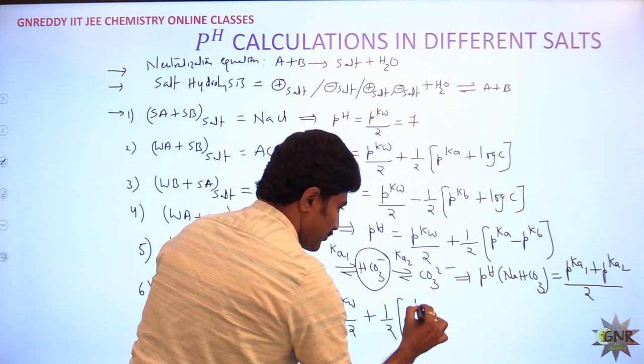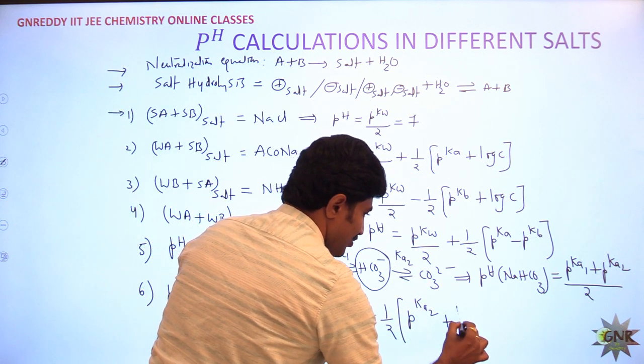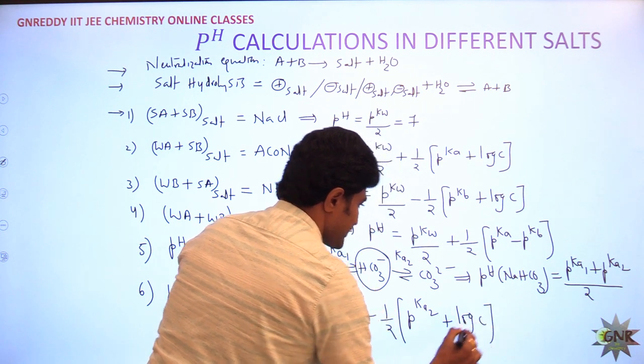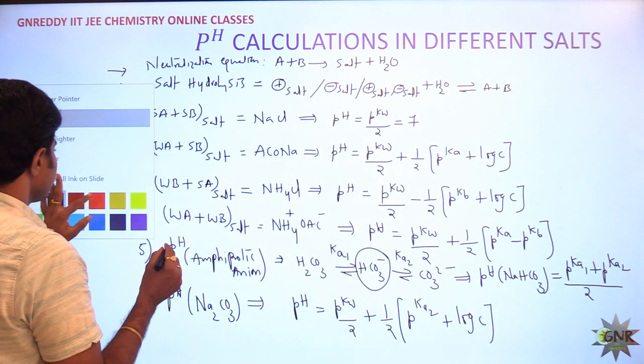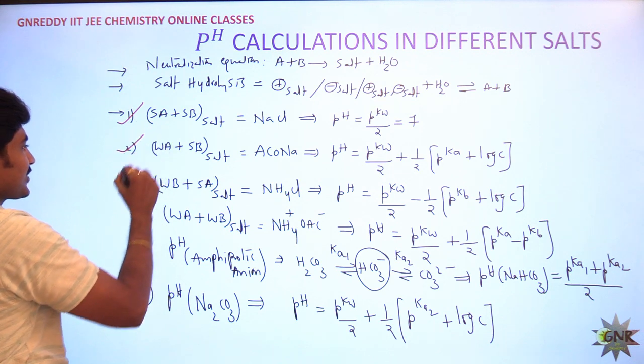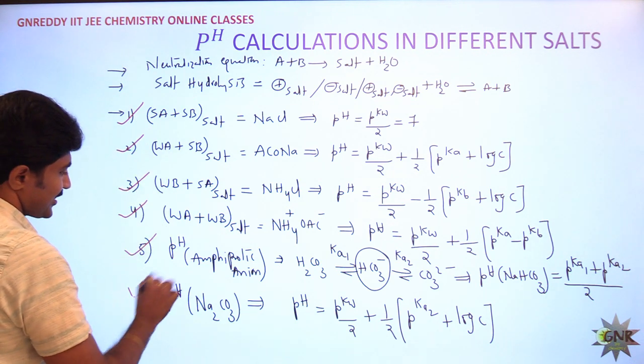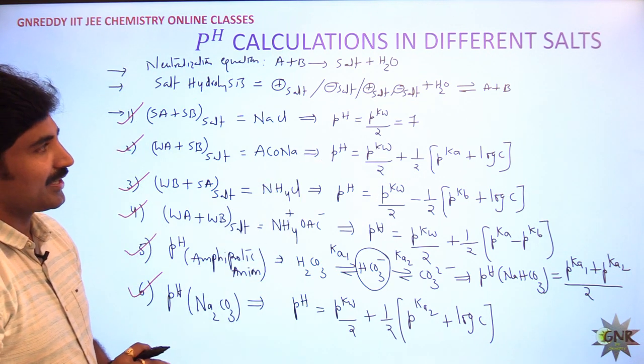Here that is Ka2, so pKa2 plus log C, like this. So in our syllabus we have these 6 types of salts. The pH of these 6 types of salts can be calculated like this.